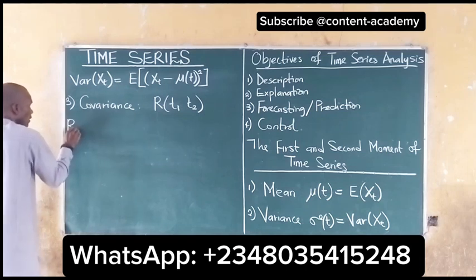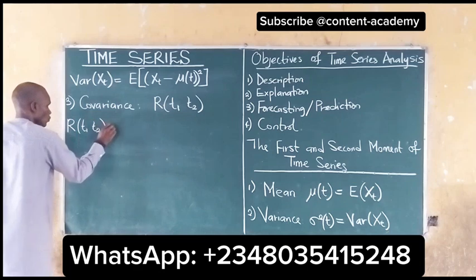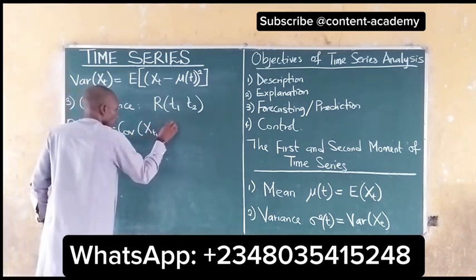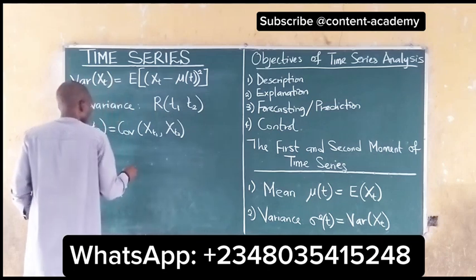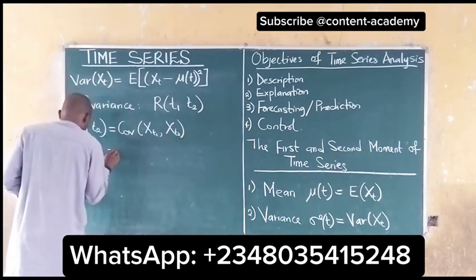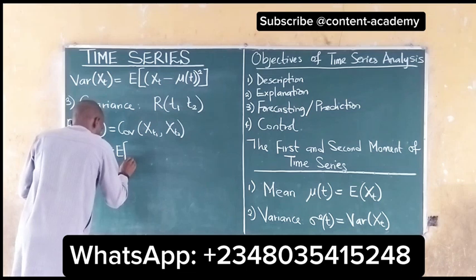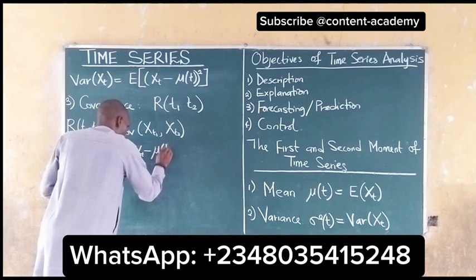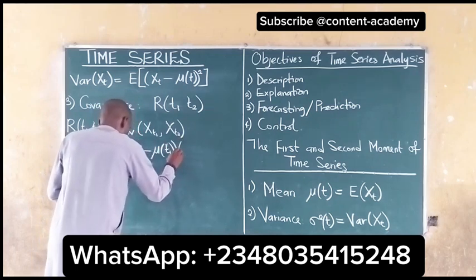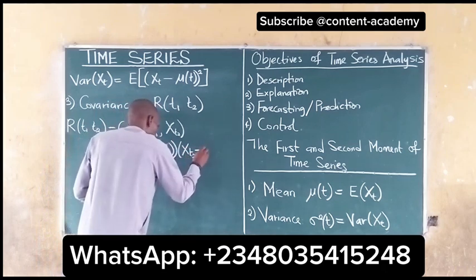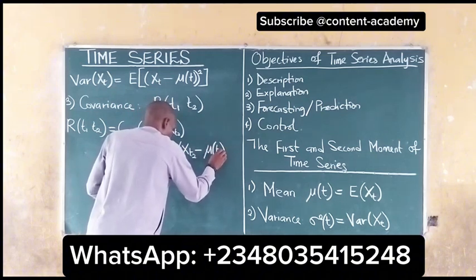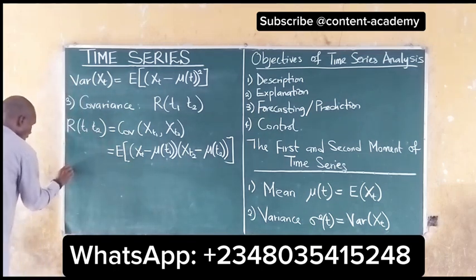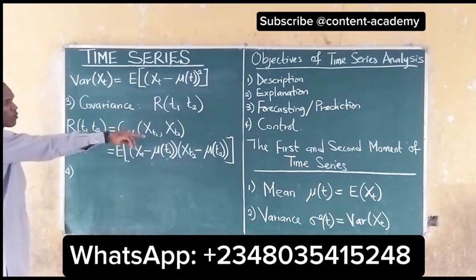R of t1, t2 is equal to the covariance of xt1, xt2, which is also equal to the expected value of xt1 minus mu t1, multiplied by xt2 minus mu t2. So this becomes our covariance.